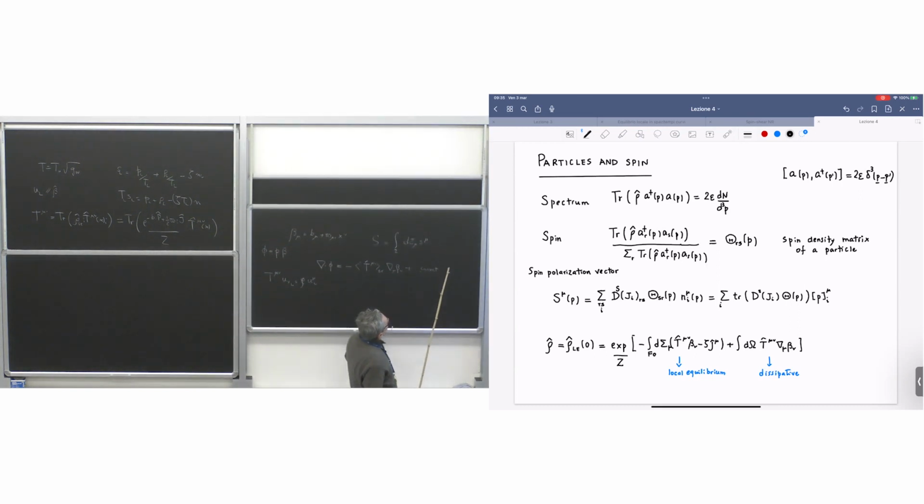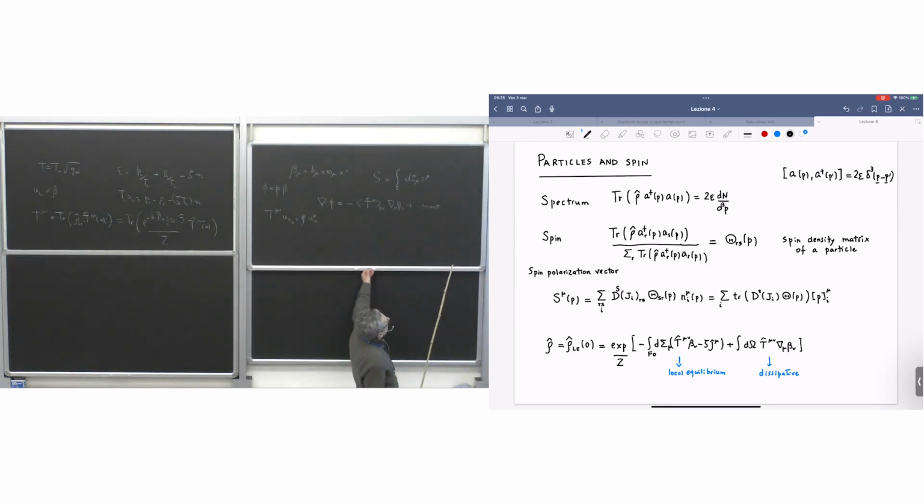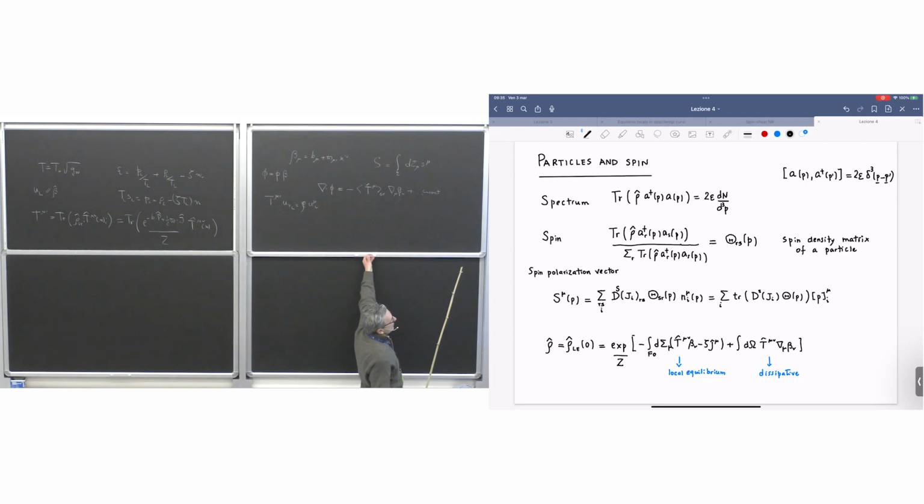There is a clear relation between the spectrum and the operators, which is expressed by this equation. The spectrum is proportional to the expectation value of the quadratic combination of a creation and annihilation operator.